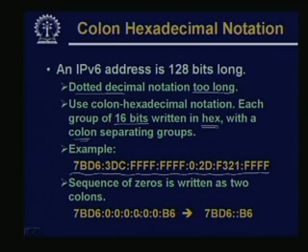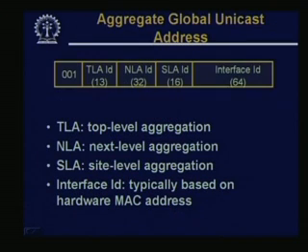In practice you will find that most addresses contain a lot of zeros. It is possible that there are a set of consecutive hex blocks which are all zeros. In this case you can write it in a compact notation where all these consecutive zeros can be written as a double colon, two colons.